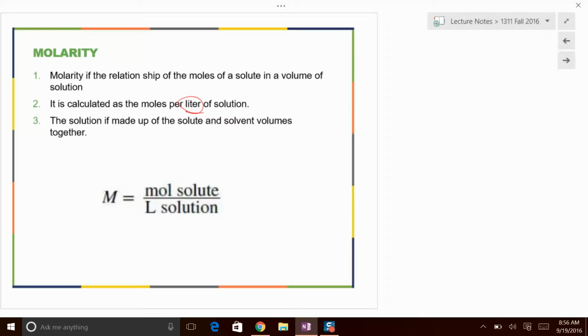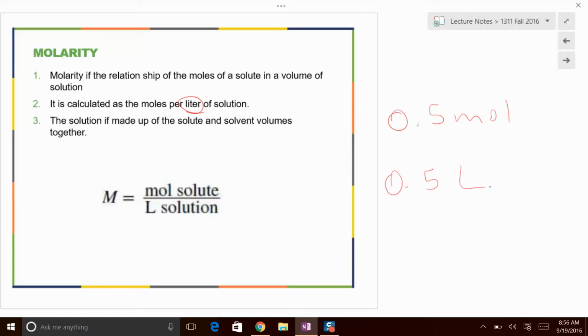Now, that doesn't mean if you have 0.5 moles of something and you have 0.5 liters of something and you pour them together, then that makes a 1 molar solution necessarily.